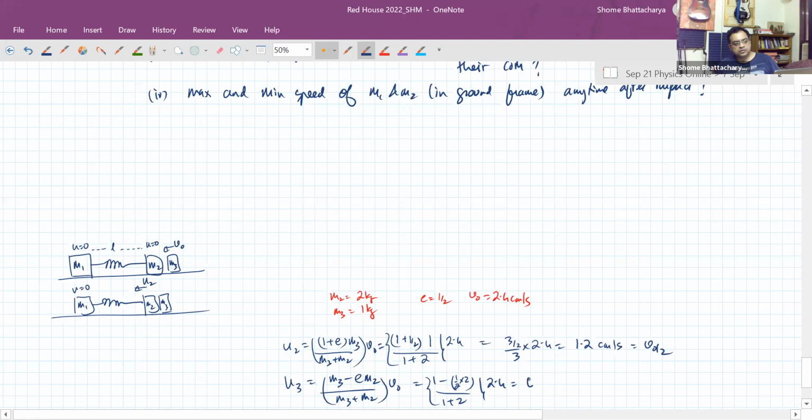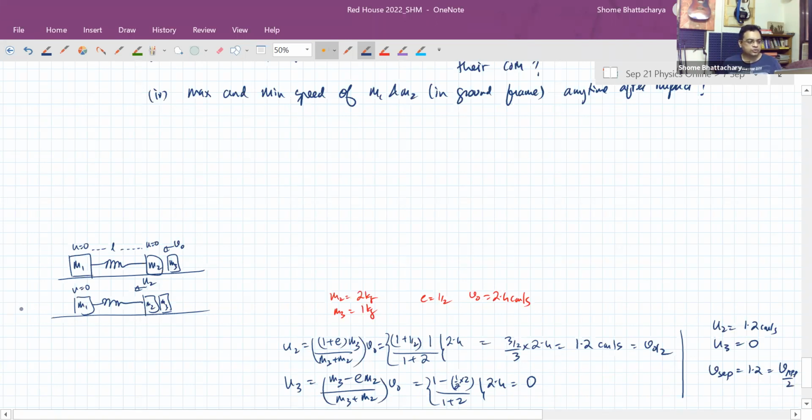So u2 becomes 1.2 centimeters per second and u3 becomes 0. The separation velocity becomes 1.2, which is half the approach velocity. You can also check that momentum conservation holds, so there's no problem.